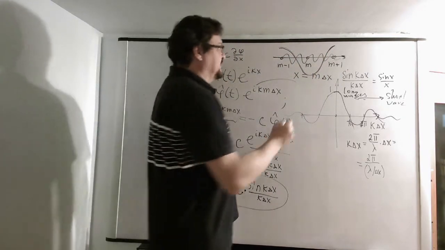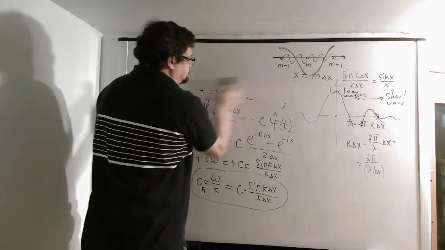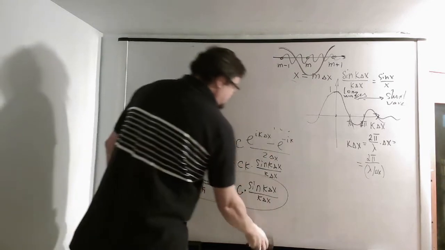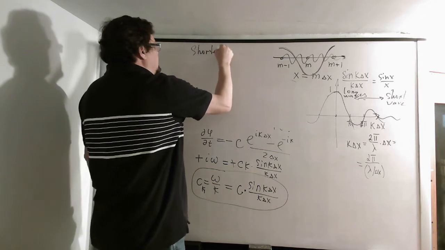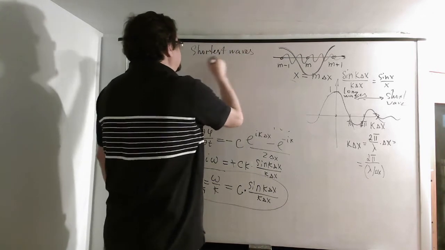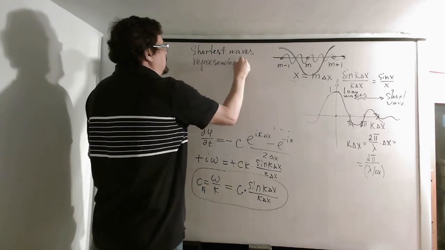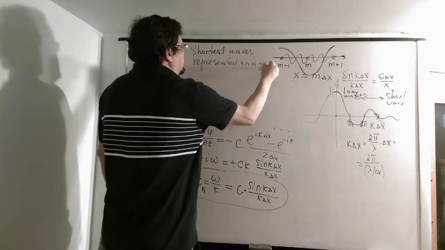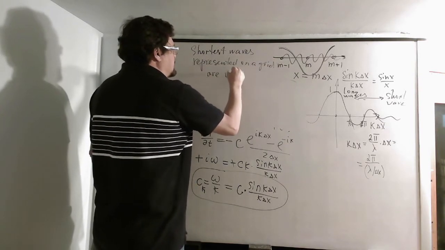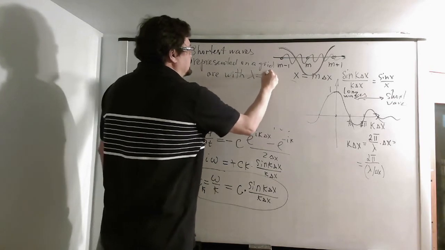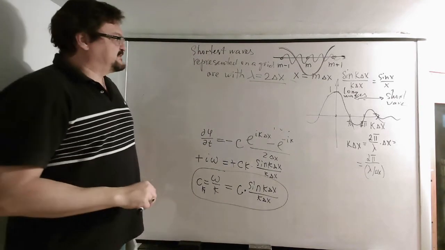So the shortest waves not resolved but represented on a grid are those with lambda equal to 2 delta x, so-called 2 delta x waves.